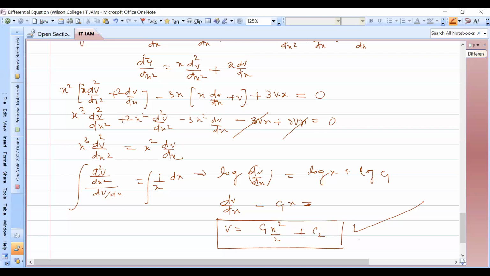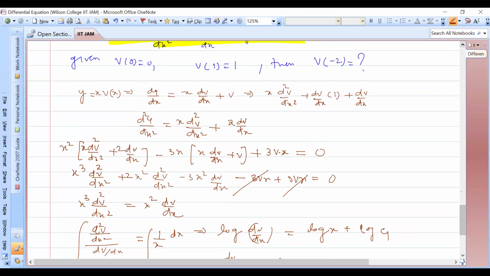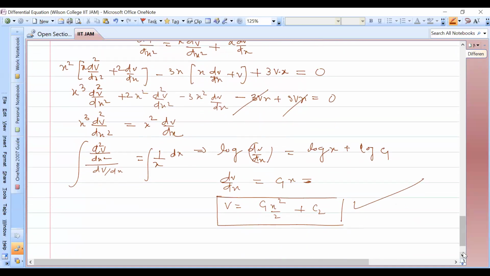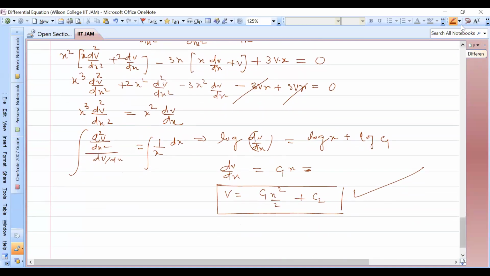Now whatever they have given, you apply. They have given v of 0 is 0, v of 1 is 1. Put here. v of 0 is 0, so c2 equals 0. v of 1 is 1, put here.